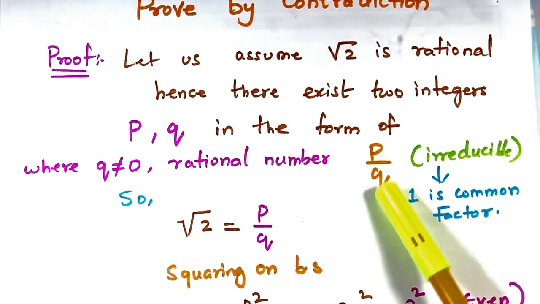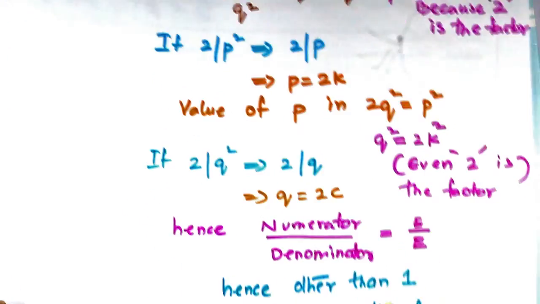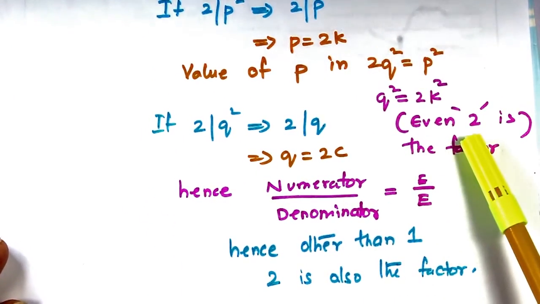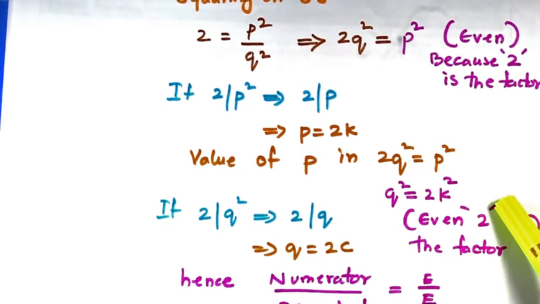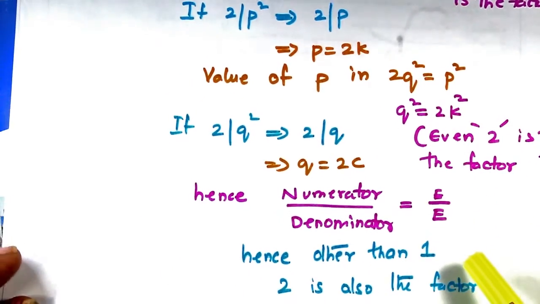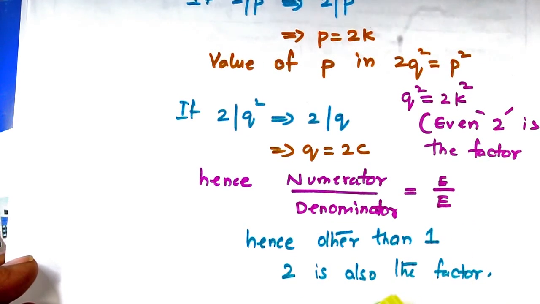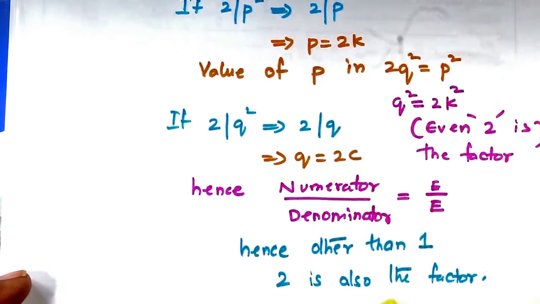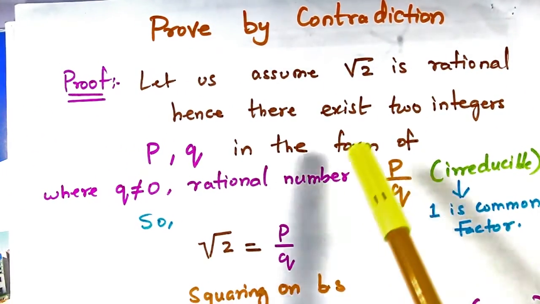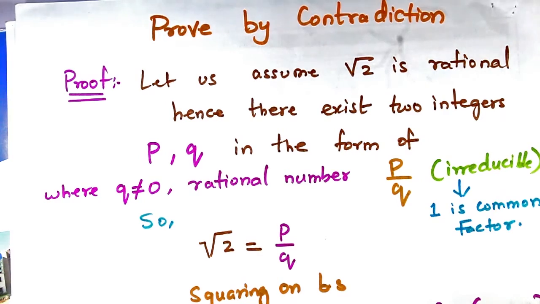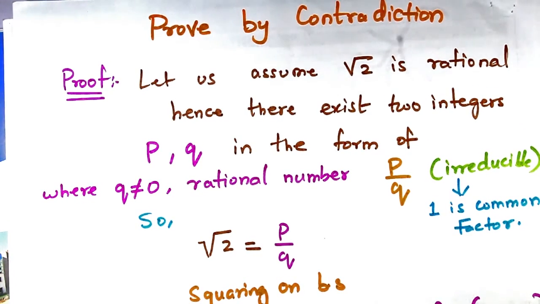We have taken the least form, but as we move on to solve, we are getting 2 as a common factor here, as well as here, and again we've got another factor, that is 2 and 1. So hence it contradicts our assumption that root 2 is a rational number. So hence we can say that root 2 does not belong to rational numbers, it belongs to irrational numbers.